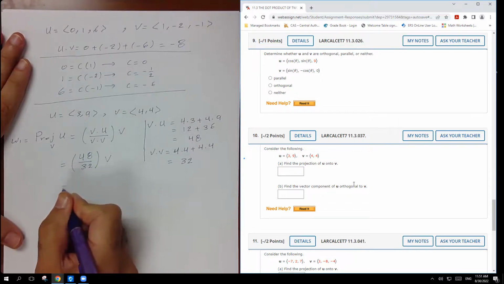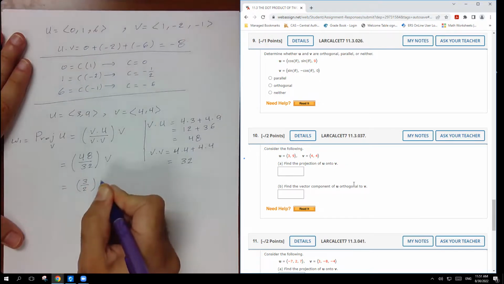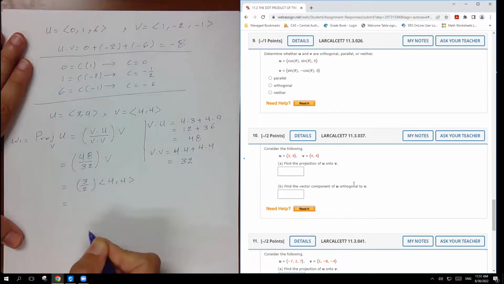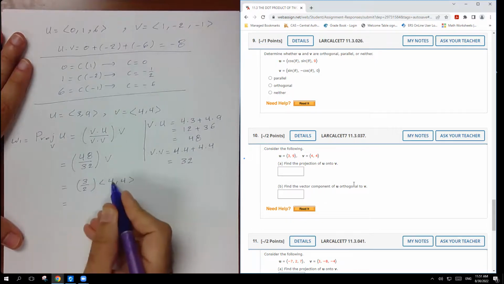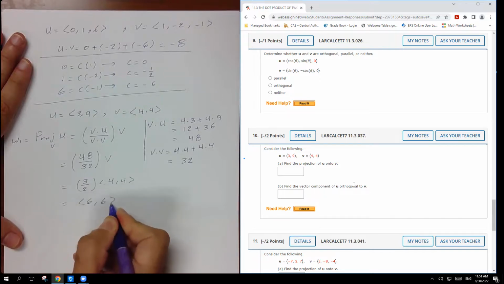So 3 over 2 times the vector V, which is 4 and 4. Cancel, and the projection is going to be 6 and 6.